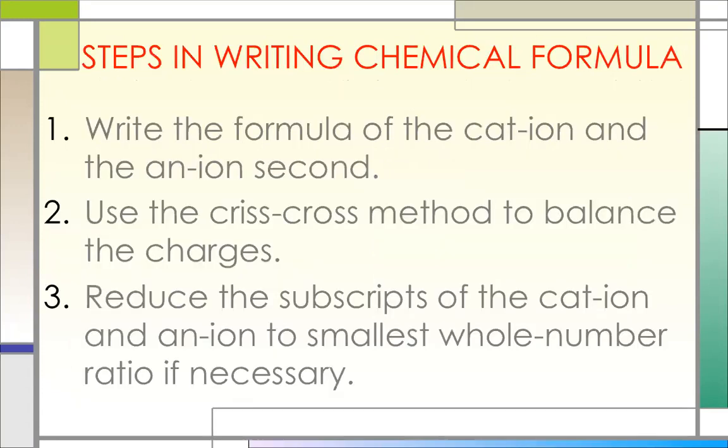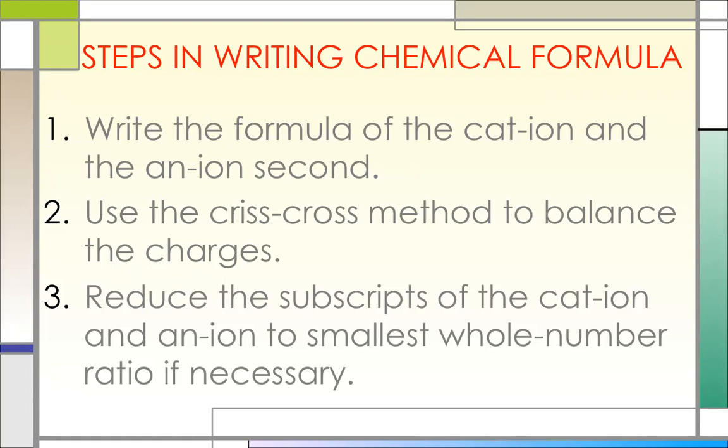Steps in writing a chemical formula. First step, write the formula of the cation, which is the metal, and the anion second, or the non-metal. Number two, use the crisscross method to balance the charges, that I will show you later.